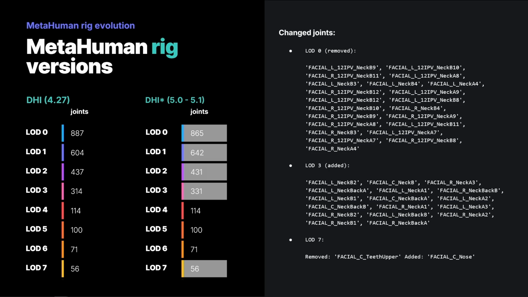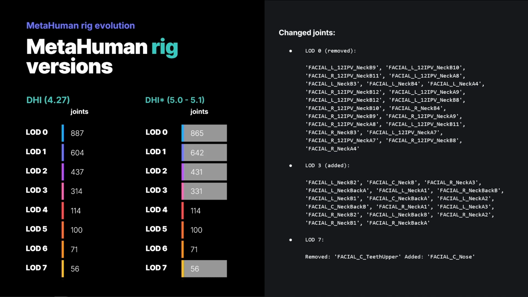As I have said, the neck expressions were reported as problematic ones, so our rigging team tried to fix it by removing and adding some joints. For LOD 0, 22 joints are removed, which resulted in fewer joints in the skin cluster. However, for lower LODs, we actually included more joints.